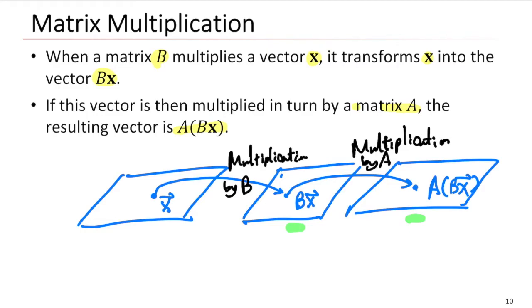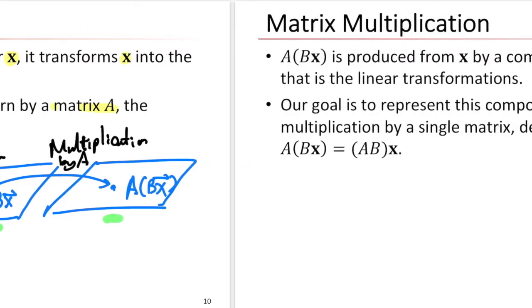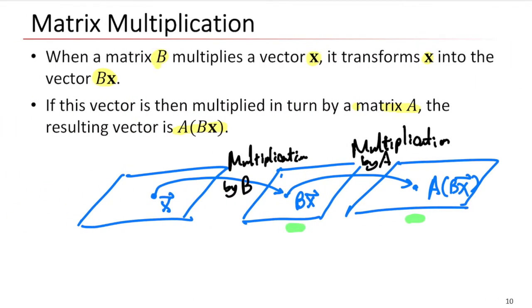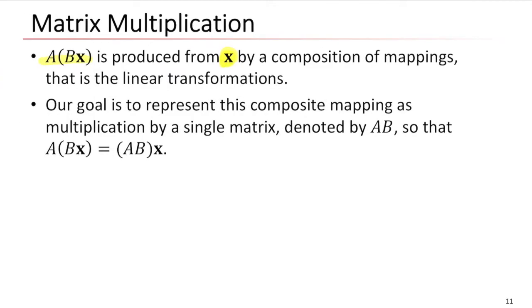We will discuss how we can compute this matrix multiplication element by element. So let's see. This A(Bx) is produced from the x space, input x here, to here, right? So this is the composition of the mapping.